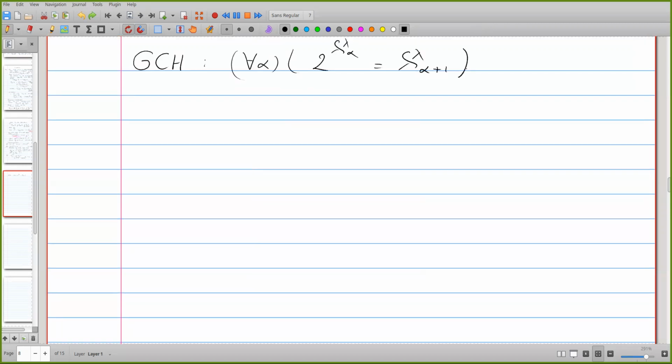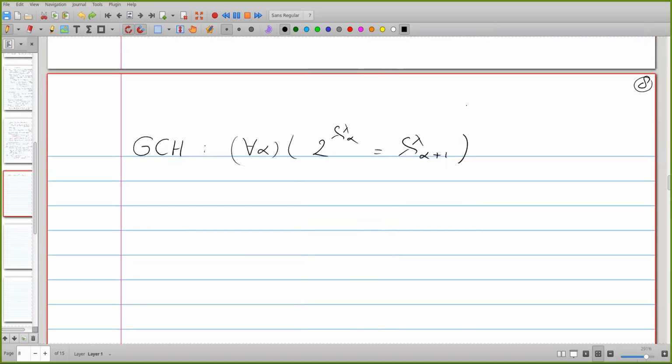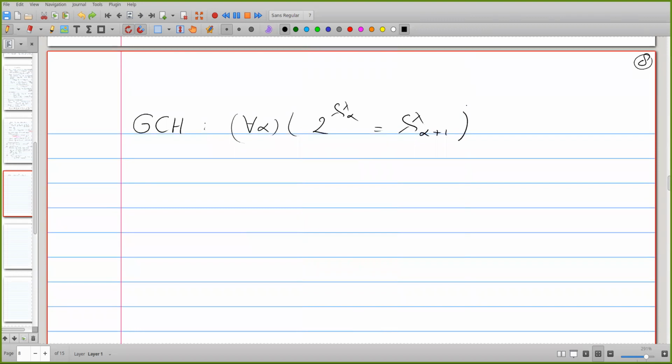Okay, I already put on my paper, so to speak, the generalized continuum hypothesis, which is one particular type of behavior that we could want from the continuum function.